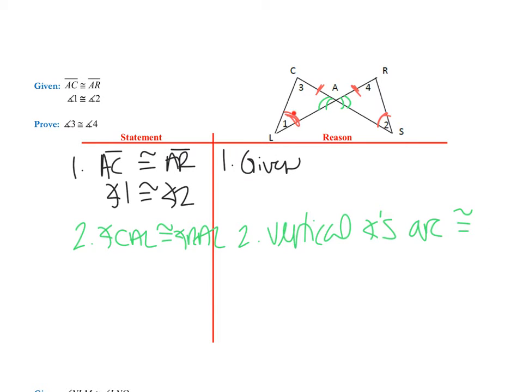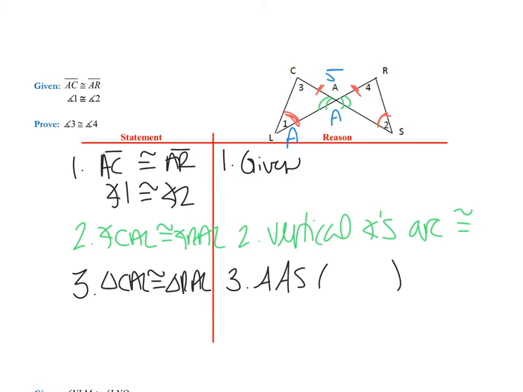Well, we do. Angle, angle, side. Again, mark this if you need to as you read along. So triangle CAL is congruent to triangle RAL, and the reason being is angle, angle, side.